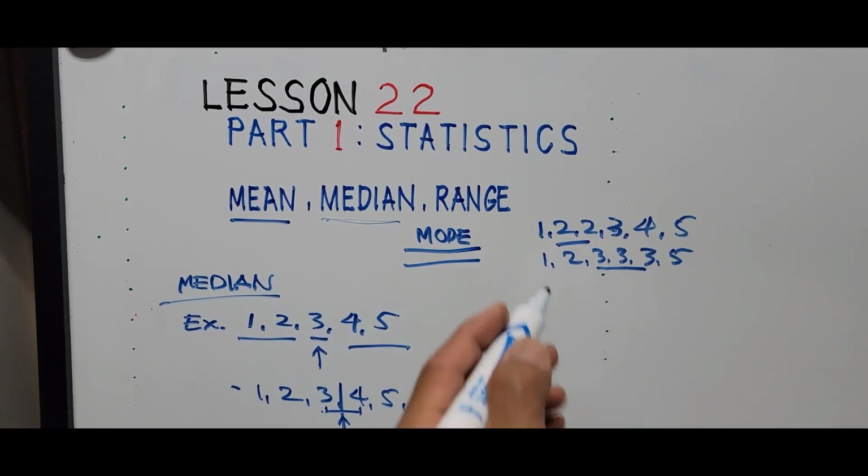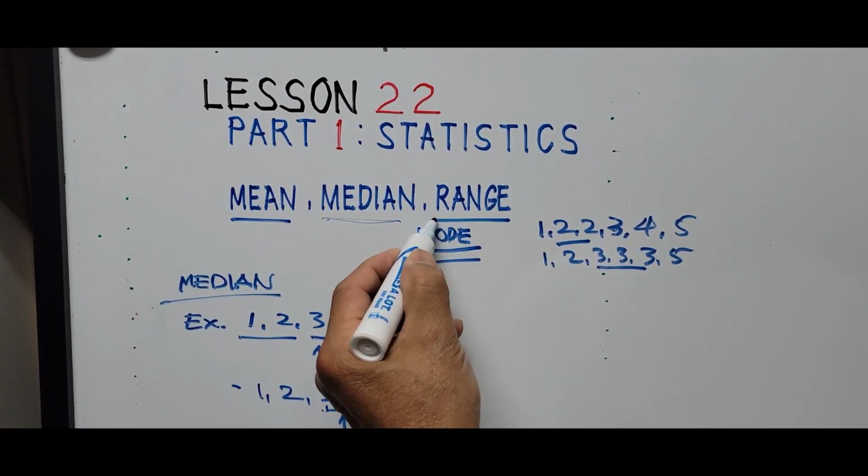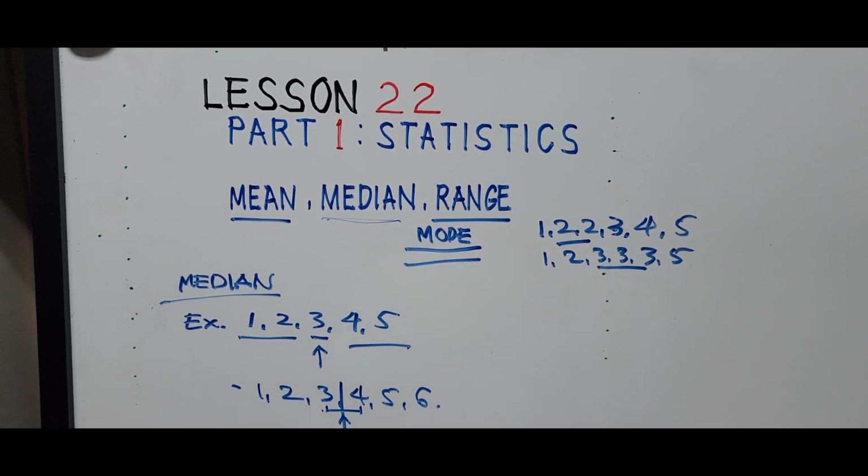Alright, now we're on the third part, range. And what does it mean by range in statistics? Range is the difference between the greatest and the least values in a data set.